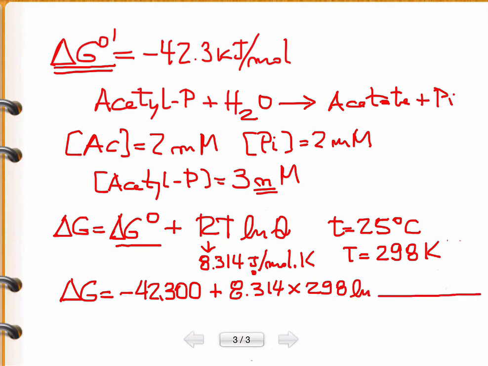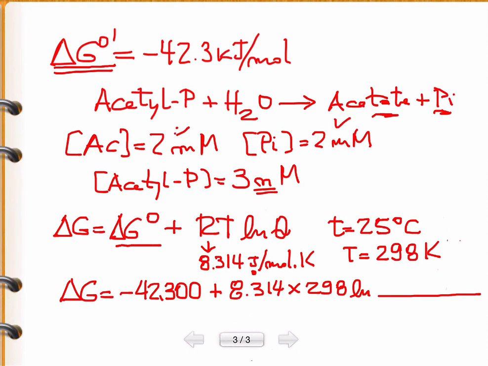Q is the reaction quotient. It resembles the equilibrium constant, except that it's not in equilibrium, right? The concentration of the products that are acetate and phosphate, these two products, goes on the numerator. So what's the concentration of acetate? Acetate is 2 millimolar, and phosphate is 2 millimolar.